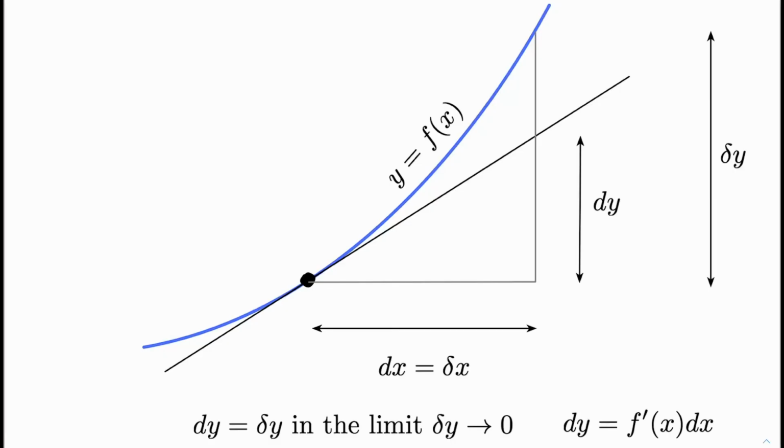Let's finish off this subject by looking at the concept of differentials. This is really another way to think about the linear approximation. If I have a curve y equals f of x in blue here, and I choose a point on it, just some arbitrary point here, then if I move away from this point some distance delta x, the change in the function value is given by delta y here.